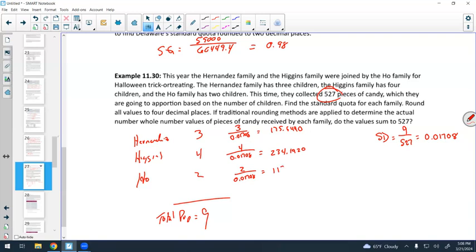I get 117.0960. Now, using traditional rounding, this rounds down to 117. This rounds down to 234. This rounds up to 176. And we end up with 527. So yes, it does work out. One of the rare instances where that is the case. And that finishes this section.